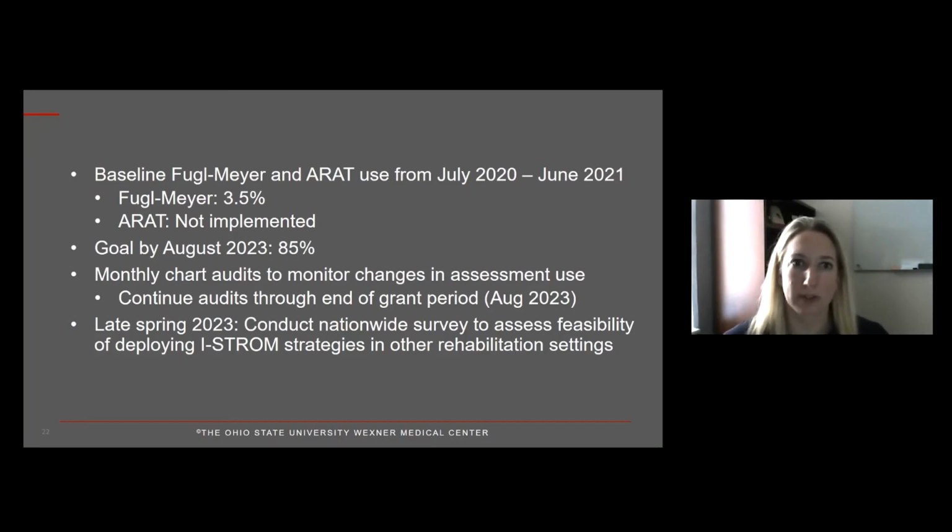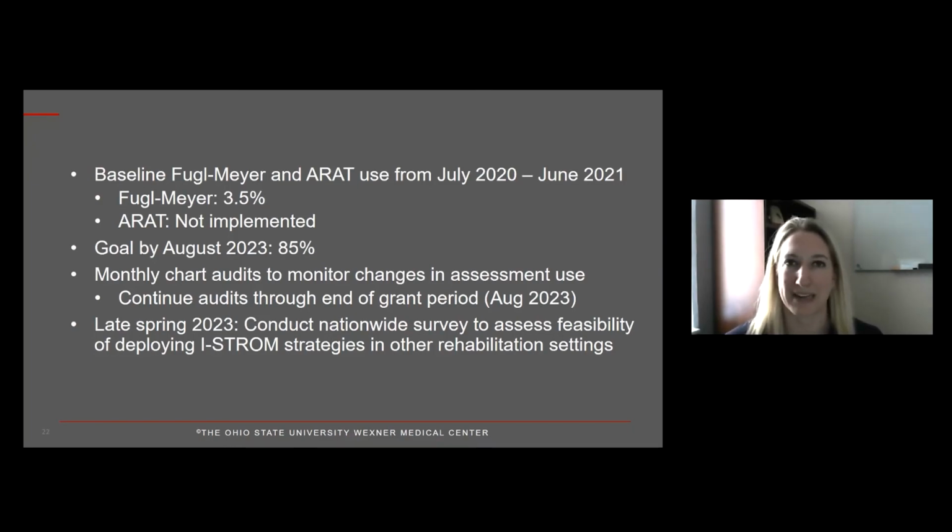And so our goal, by August 2023, when the grant period is over, is that 85% of stroke survivors will have completed either the Fugl-Meyer or Action Research ARM test. And I say 85 and not 100% just because that number is somewhat drawn from the literature, but also there are some feasibility components to keep in mind.